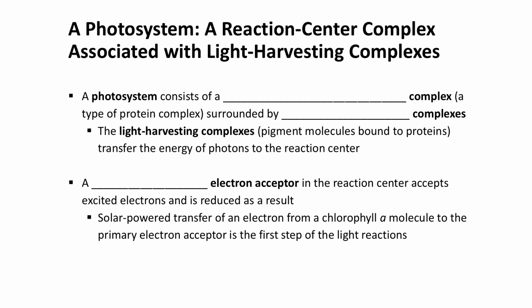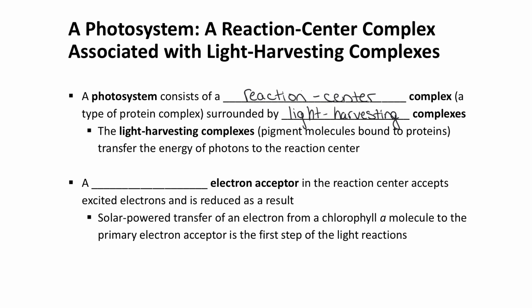In the light-dependent reactions of photosynthesis, we are going to have what is called a photosystem. A photosystem consists of a reaction center complex, which is a type of protein complex, that is surrounded by light harvesting complexes. The light harvesting complexes are pigment molecules that are bound to proteins.